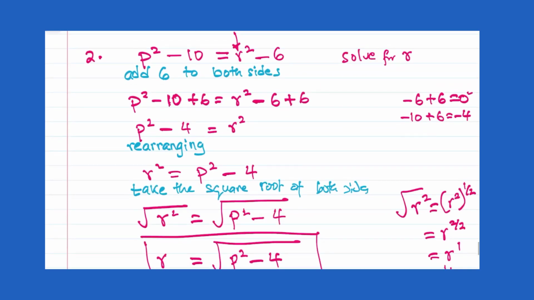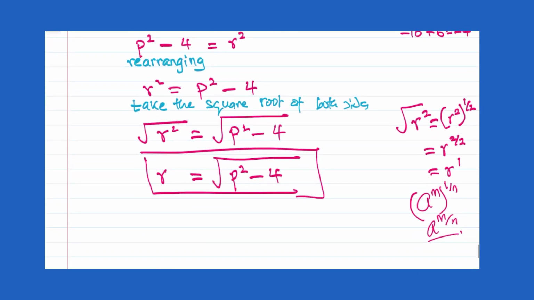So as you can see, from where we stopped, we have p squared minus 10 is equal to r squared minus 6. So we have p squared minus 10 plus 6, and then r squared minus 6 plus 6. So where we have addition, we subtract on both sides. When we have negative, we add on both sides, just like you have seen in this question.